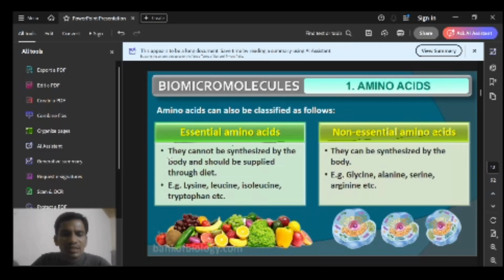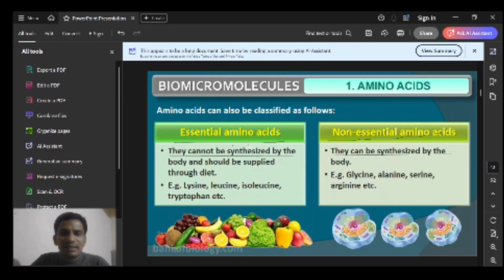Non-essential means they can be synthesized by our body, so intake is not necessary. Essential means they cannot be synthesized by the body, and that's the reason we should supply them through the diet.